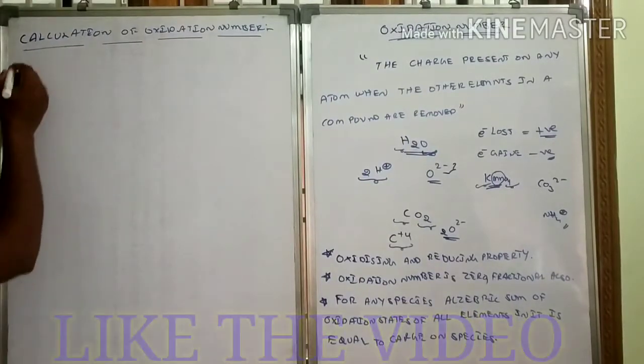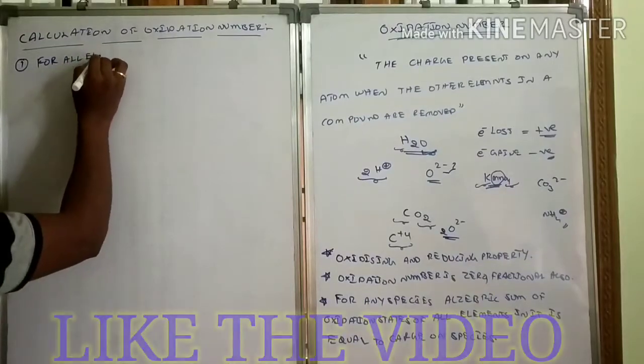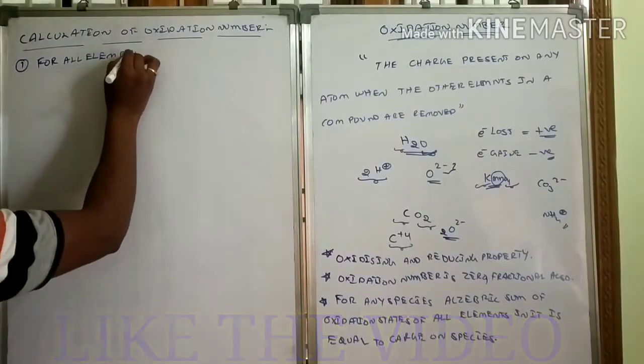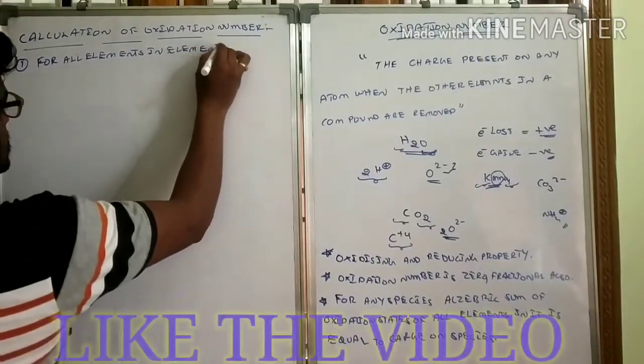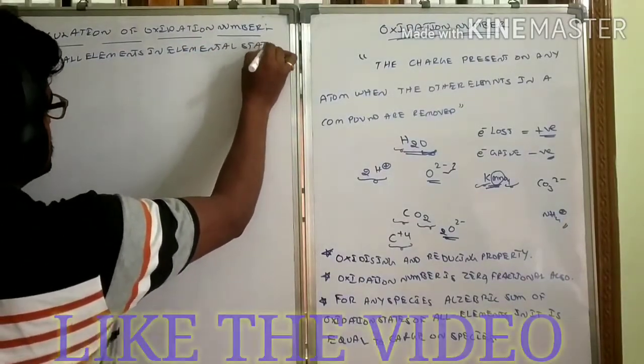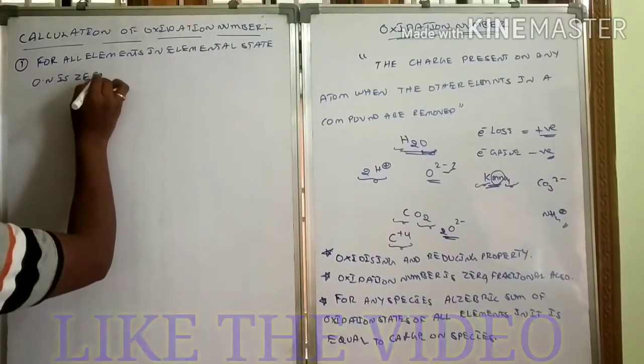See the first one: for all elements in elemental state, oxidation number is 0.